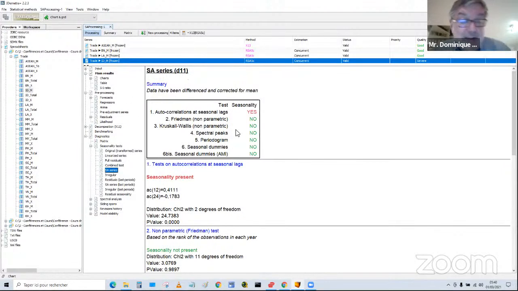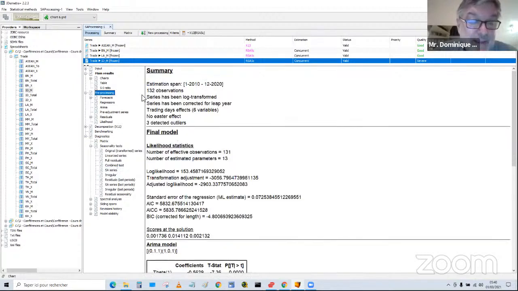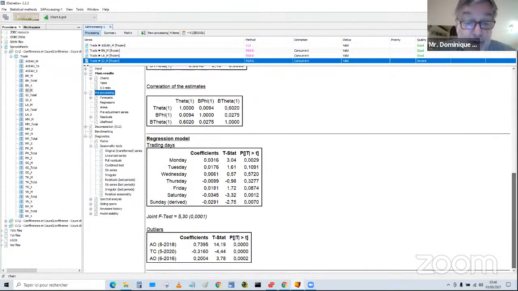I didn't see that. So let me go to pre-processing. So I have a trading day effect. Let me check if it's coherent with the others. Yeah, it looks very coherent. So it seems that we have pretty much the same pattern that we had before with the ASEAN series.